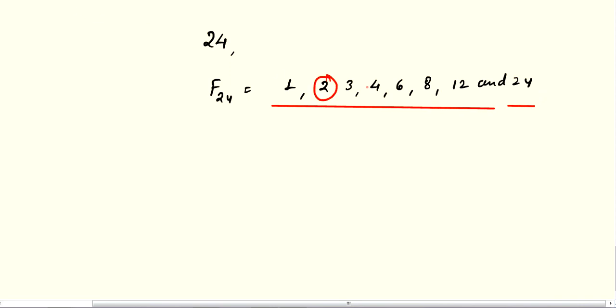So 2 is the only even prime number, 3 is a prime number. So only 2 and 3 are prime numbers in factors of 24. So 2 and 3 are prime factors. For factors you write only F, but for prime factors you have to write P dot F.